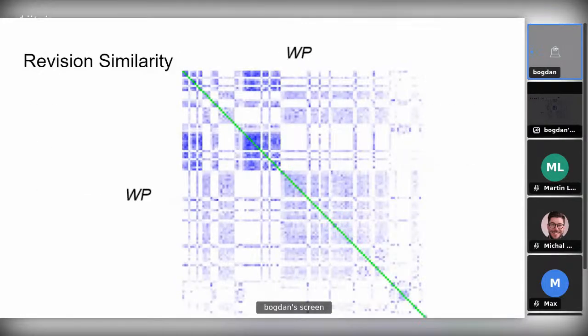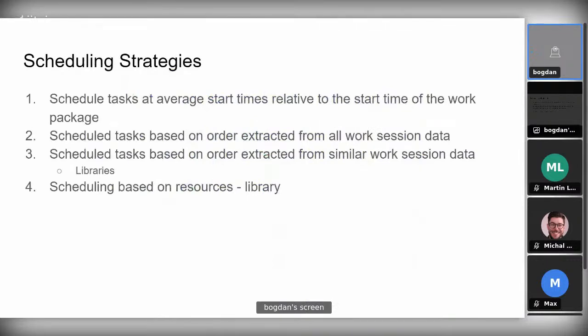So this is kind of the analysis, and I will continue with the scheduling. I will start with some ideas that we had in the beginning, and also some of which were actually performed. The first one is to try to schedule the tasks according to their average start time.